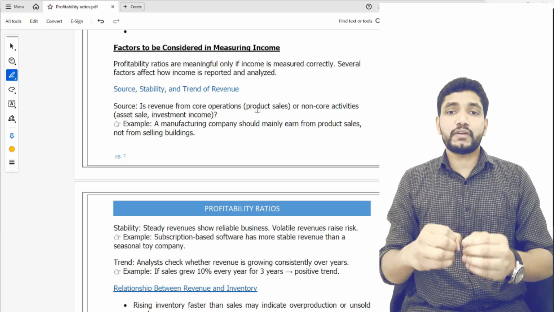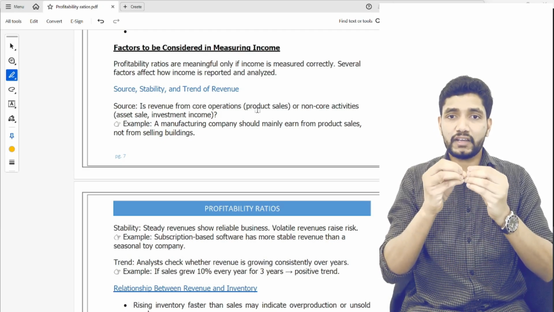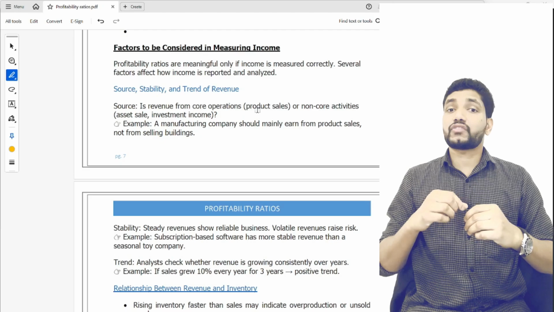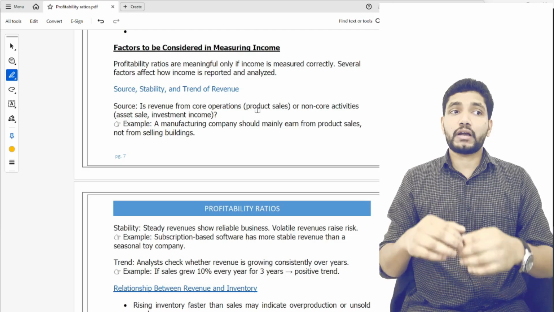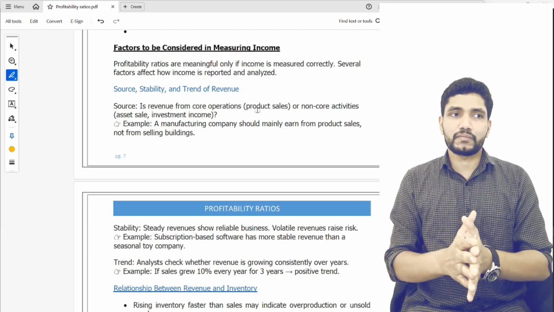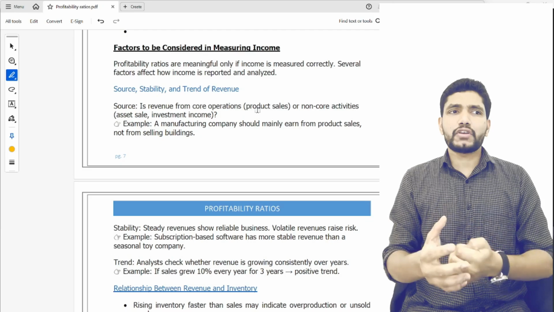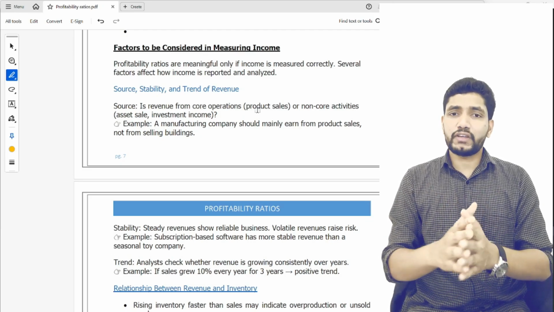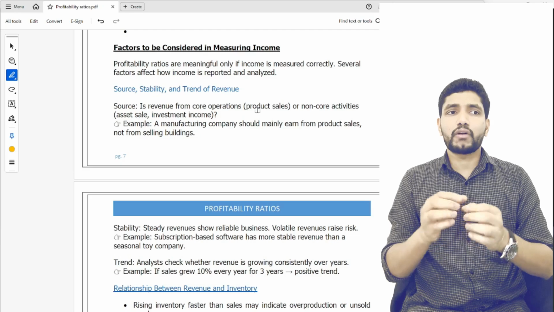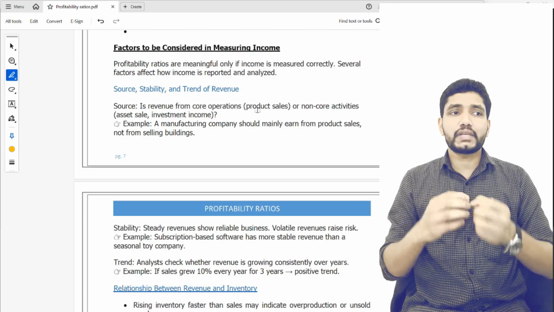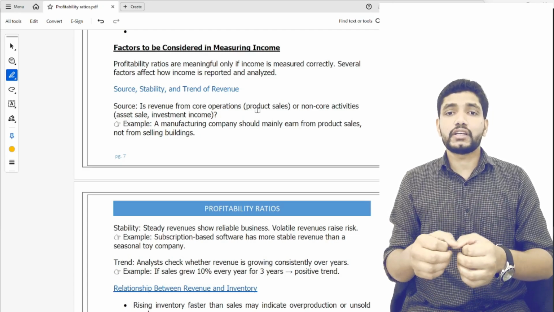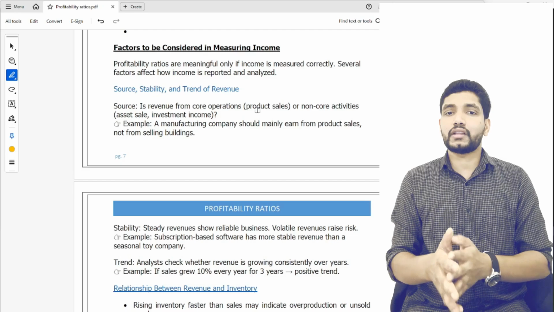In the income statement, this can also be treated as revenue or income, but this is not a stable income, and it is not income from the company's core activity or core operation. So when we are considering the quality of revenue, this outside sales or non-core activity sales or investment is not considered when we are analyzing the income.